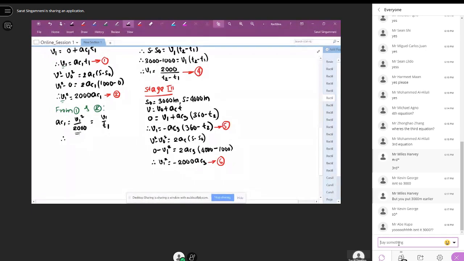This is from equation 2, this is from equation 1. By equating those two, we get V1 is equal to 2000 divided by T1. Call this equation 3.